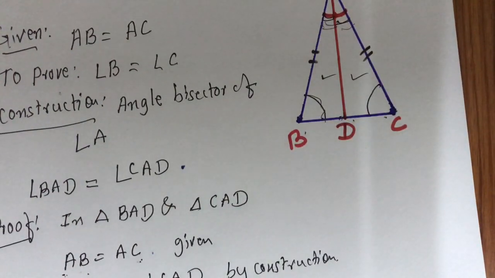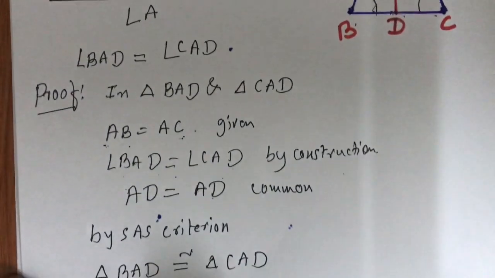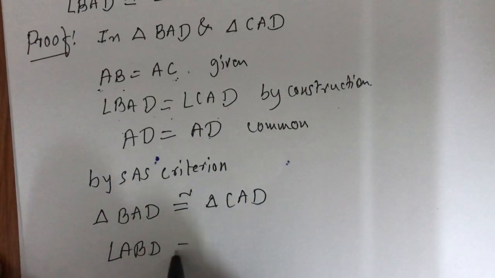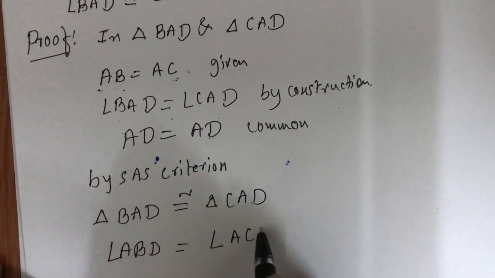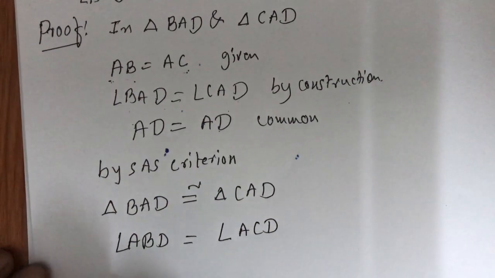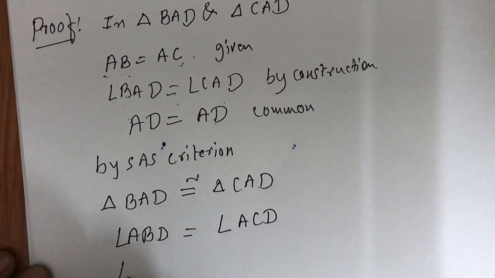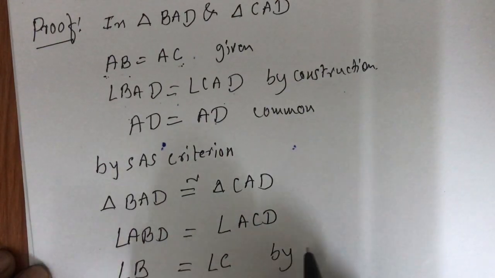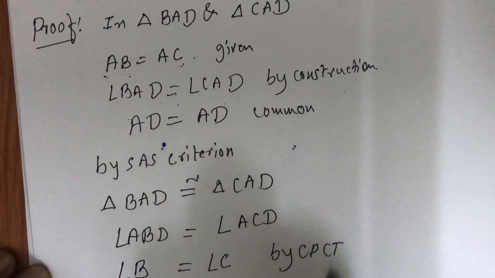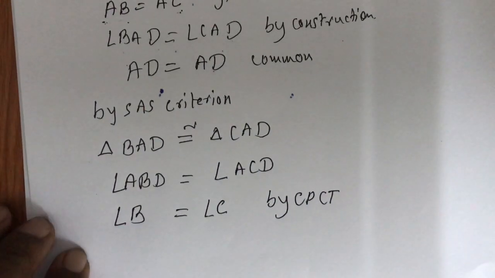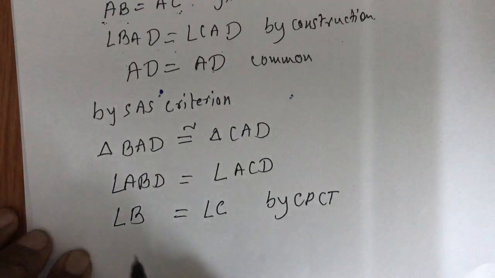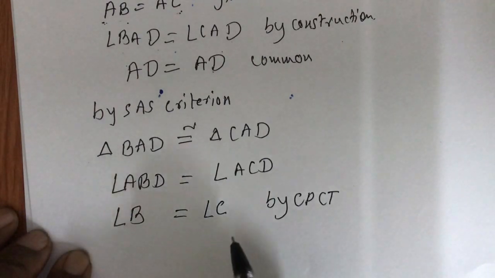Angle ABD equal to angle ACD. In short, it is written as angle B equal to angle C by CPCT. CPCT means corresponding parts of congruent triangles, and this is what we had to prove.